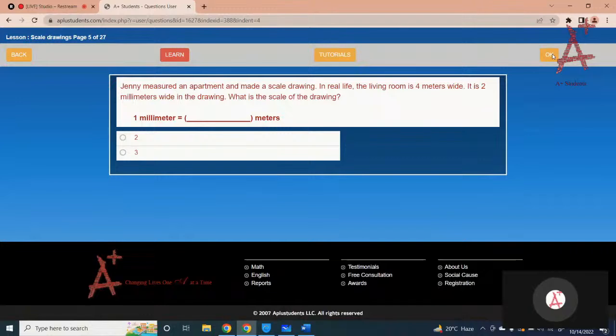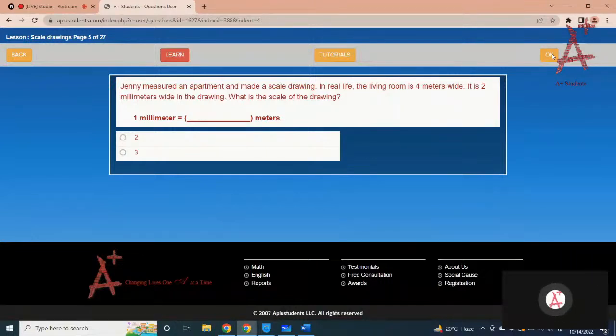Jenny measured an apartment and made a scale drawing. In real life, the living room is 4 meters wide. It is 2 millimeters wide in the drawing. What is the scale of the drawing?